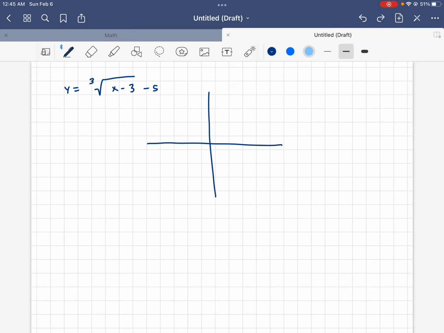Cube root of x, so we can make that table of ours, x and y, and you have 1, 1, 8, 2, 27, 3, and there's no slope, but we do have a transformation up or down 5 about the y-axis, and then to the right 3 on the x-axis.